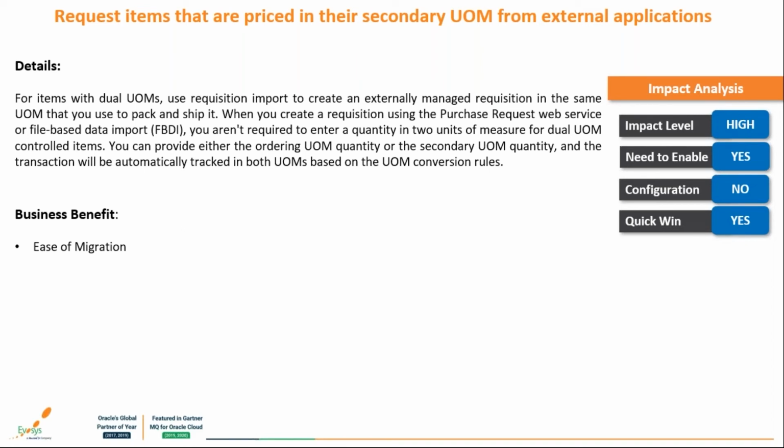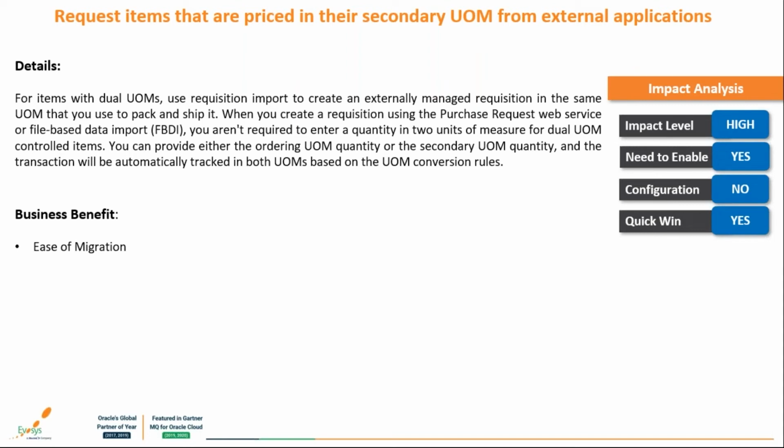So the next feature is request items that are priced in their secondary UM from external applications. Use requisitions import to generate externally managed requisitions in the same UM that you use to pack and transport things using dual UM.